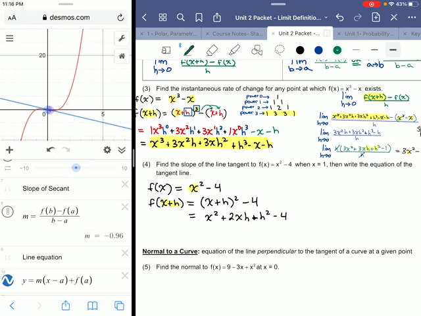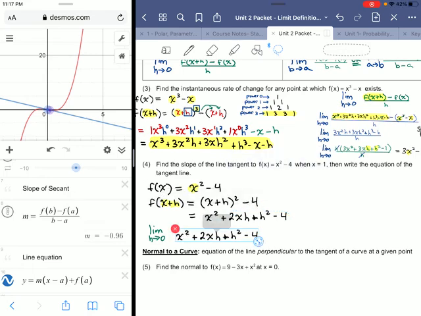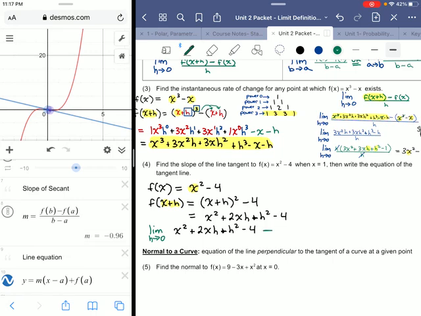Now when I go to find the limit as h approaches 0, it's all this stuff minus, I'll say all this stuff, even though it really isn't a lot of stuff, divided by all this stuff.